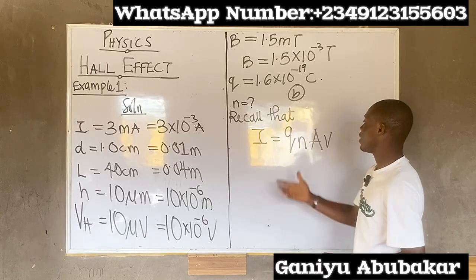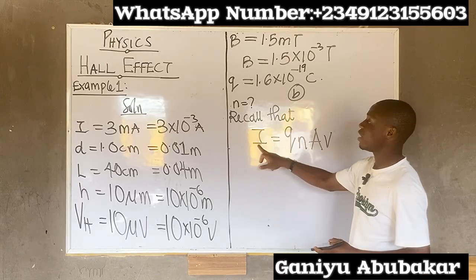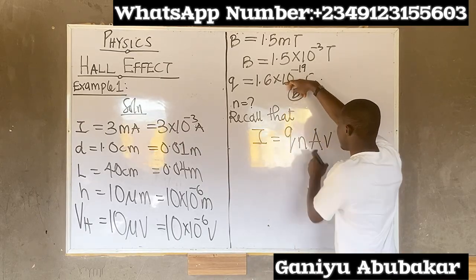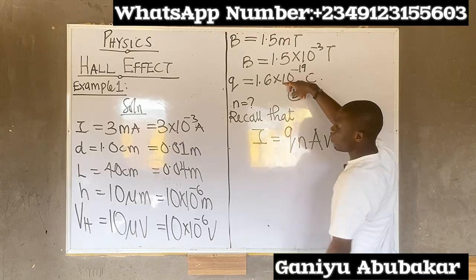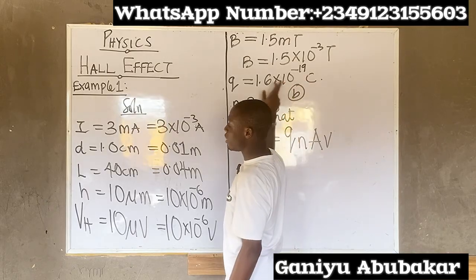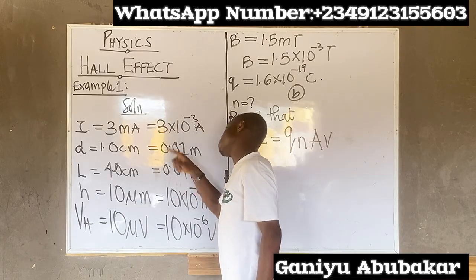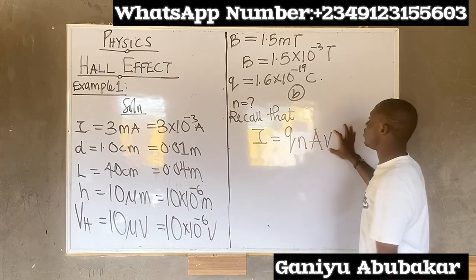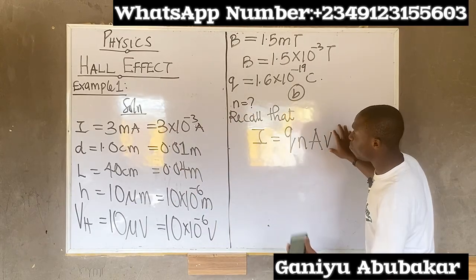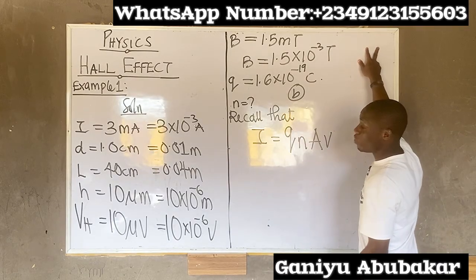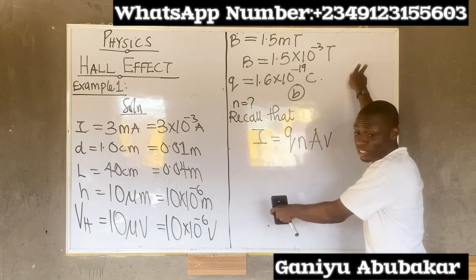It's possible for me to find n using this equation. Why? Because I have I, q is a constant, I have A. What's A there? Now we said A can be got by multiplying your thickness by your width. v is the value we just got, about 0.066.